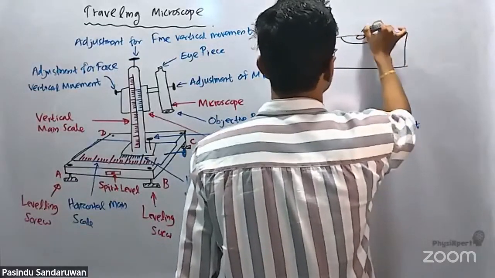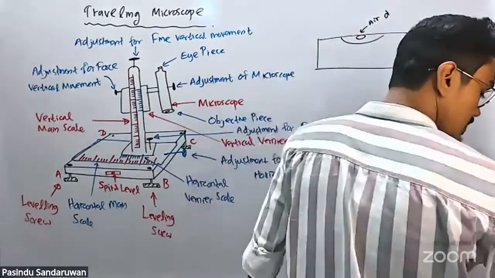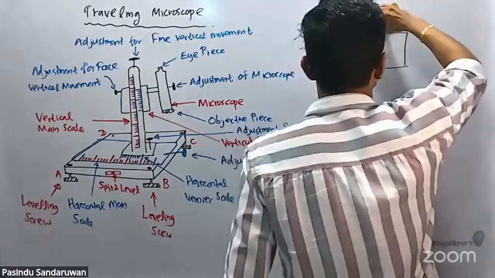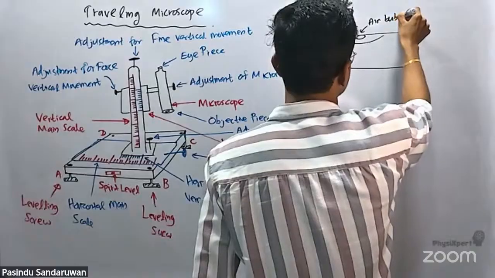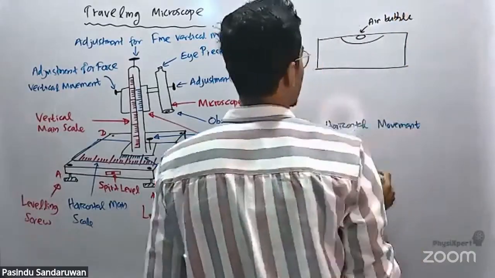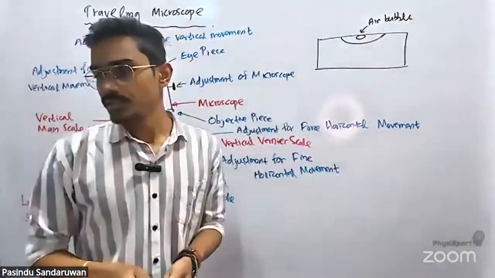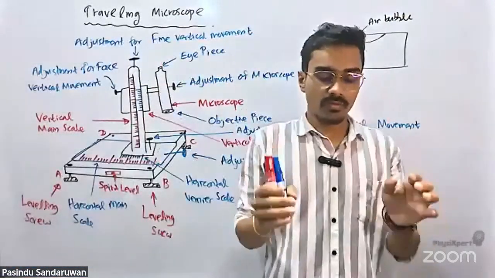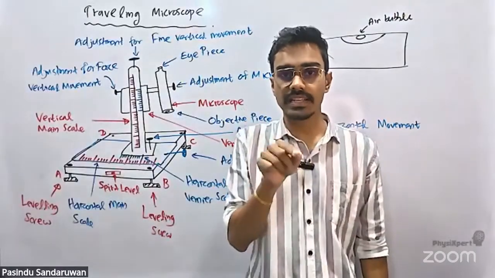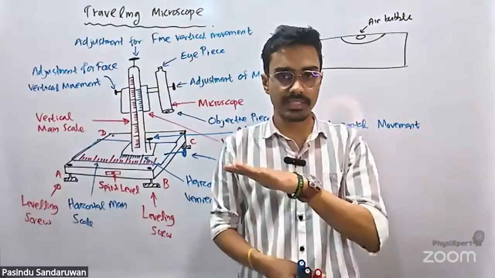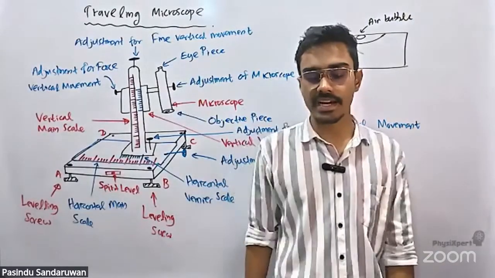When we need to take a level, if that air bubble is exactly at the center, that means it is horizontally leveled. That is the idea.